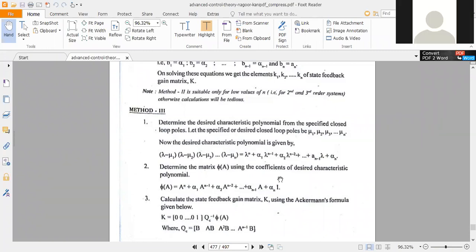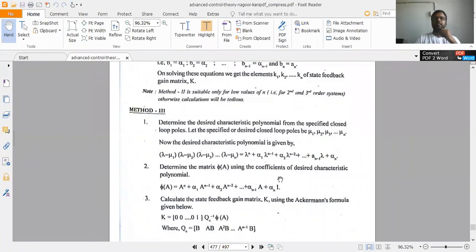The first point in this method is we have to determine the desired characteristic equation for the closed loop poles which are given. Let us suppose the desired closed loop poles are mu1, mu2, mu3, and so on up to mu n.